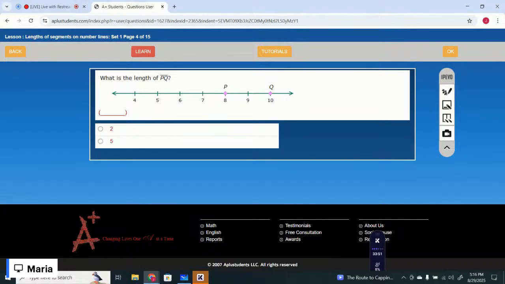What is the length of PQ? 10 minus 8 equals 2.